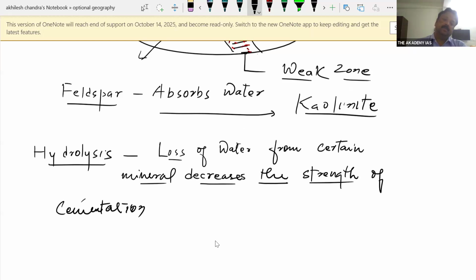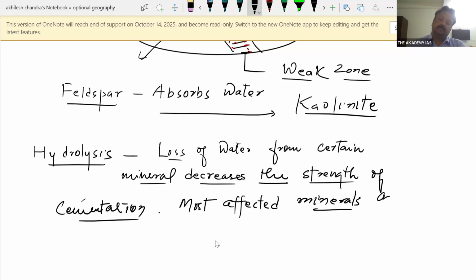Most affected minerals are silicates. So because of loss of water, silicates are loosely held and they get fragmented.